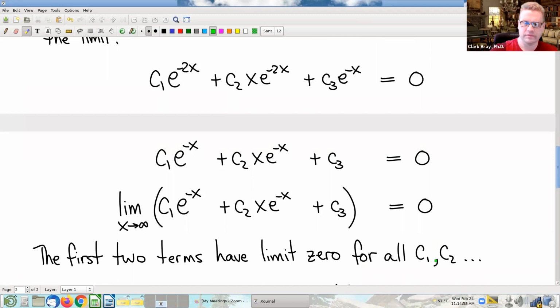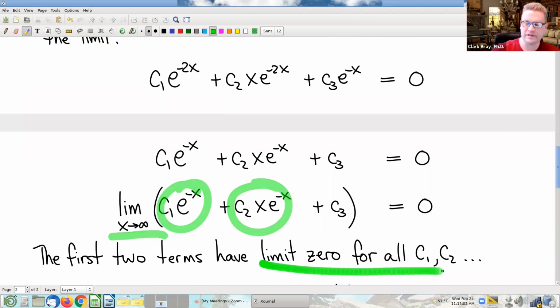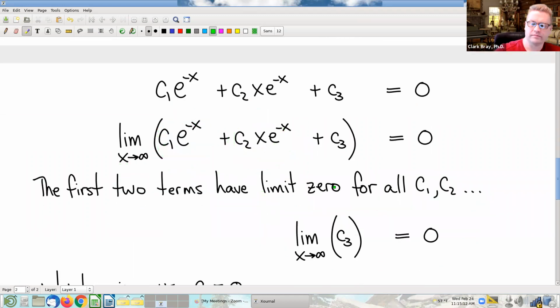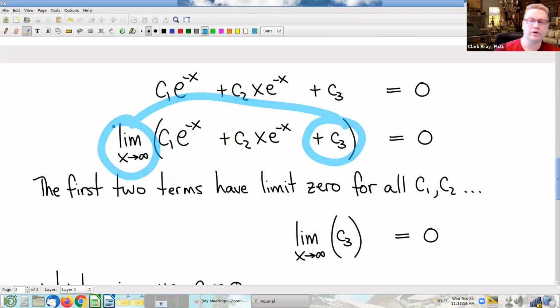Well, this term and this term, the limit is obviously 0. So I don't need to know anything about C1 and C2. Those terms will go away. However, this one does not. Now, Bob's point of view that we need the limit to be 0, isn't it good when the limit is 0, is actually wrong.